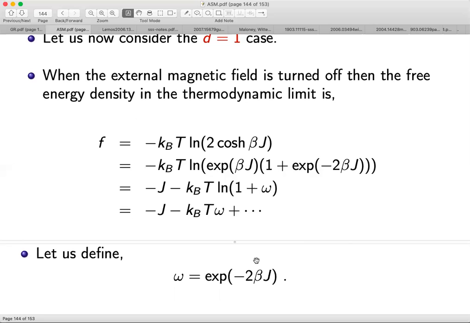So I defined omega to be e to the minus 2 beta j. So we can look at this expression and you find that this quantity beta would cancel with kbt, gives you minus j minus kbt times the log of 1 plus omega. Okay. So again, for small temperature, omega being much smaller than 1, log of 1 plus omega can be just expanded as omega plus higher order terms, and therefore your free energy per site would be minus j minus kbt times omega.